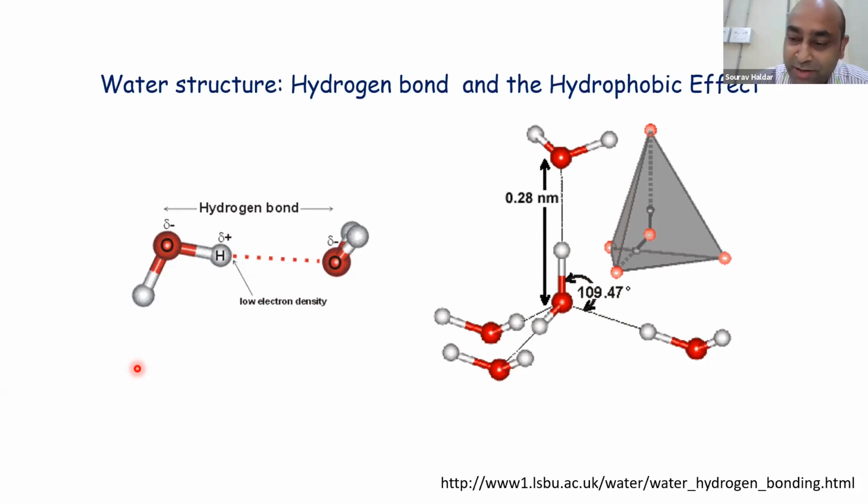And I'm sure all of you are familiar with what the hydrophobic effect is, and this is nothing but a manifestation of a very particular structure of water molecules in liquid water, which is a tetrahedral hydrogen bond network. Now, water has a unique structure because it has both electropositive hydrogen atoms as well as electronegative oxygen atoms, and they can be engaged in hydrogen bonds in the fashion that is shown here.